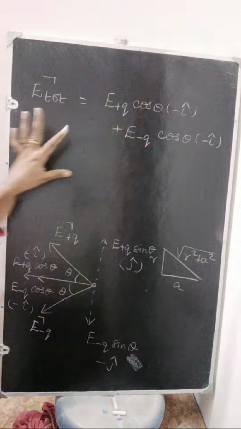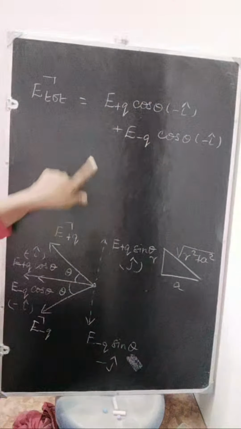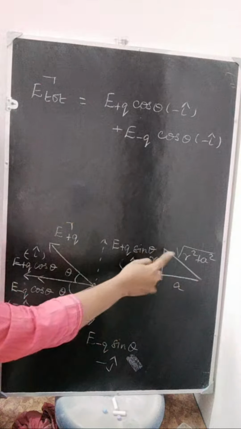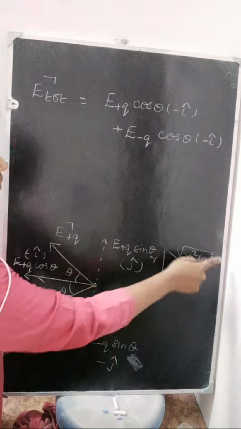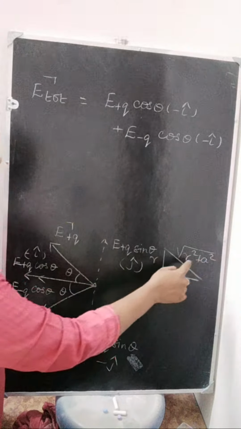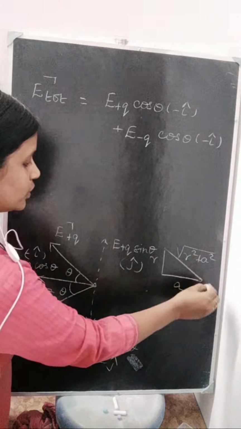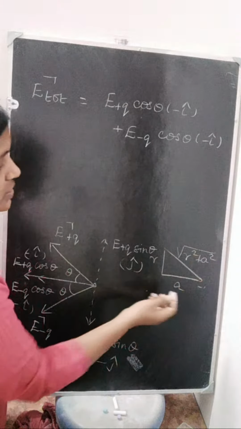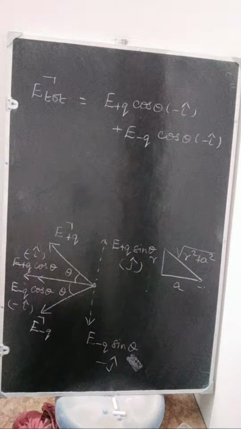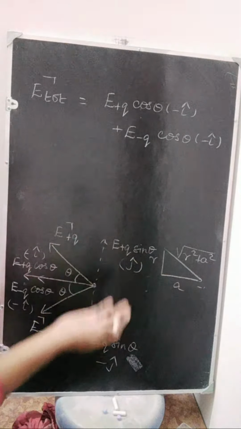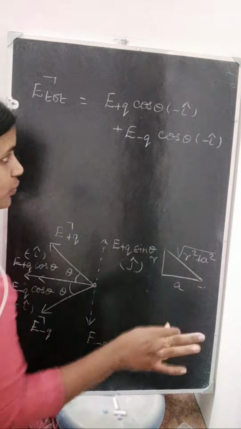As we know, they are located at the same distance from the charges. This distance is A, this distance is R. And what about this distance? According to Pythagoras, that will be R square plus A square. So for both the charges, the minus Q as well as the plus Q, the two distances remain same. According to Pythagoras, or according to the theorem of the triangle, we can solve, this distance also will remain same.